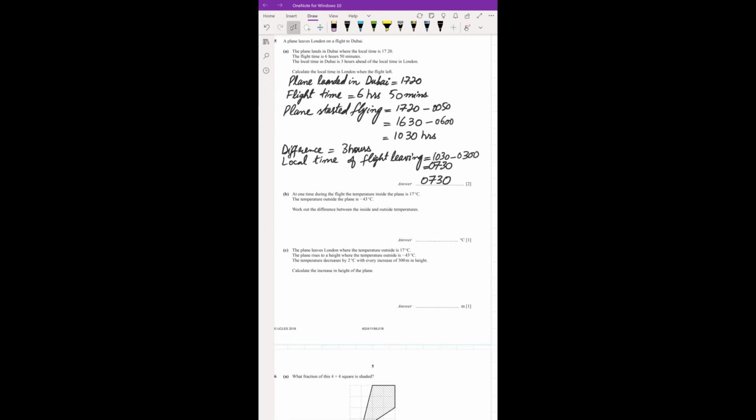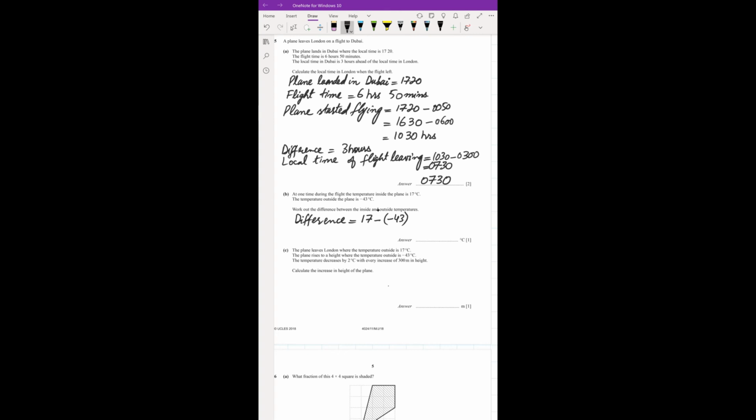Part B of the question says, at one time during the flight, the temperature inside the plane was 17 degrees. The temperature outside the plane was minus 43 degrees centigrade. Work out the difference between the inside and outside temperatures. For finding this difference, we will be subtracting one quantity from the other. I am subtracting minus 43 from 17.